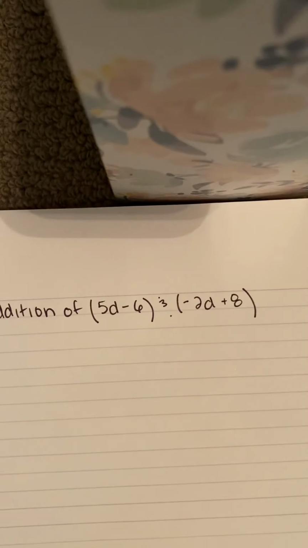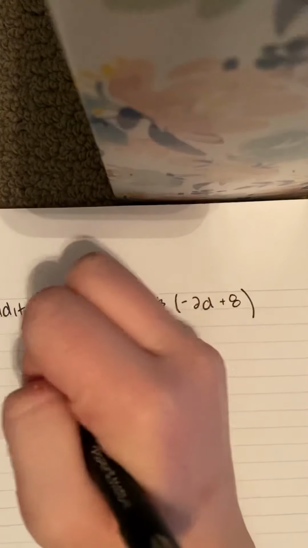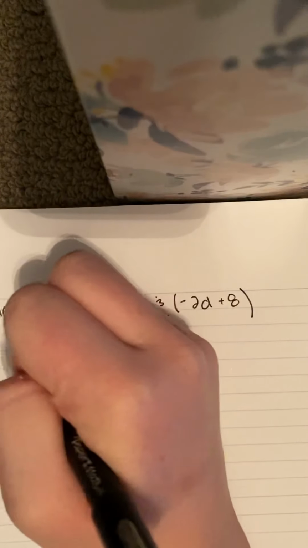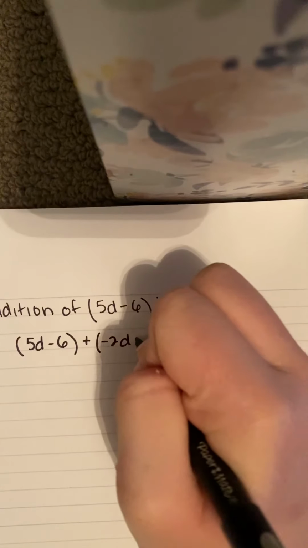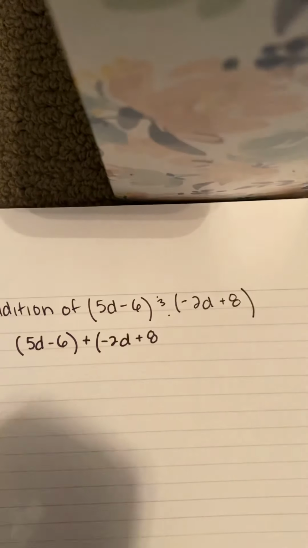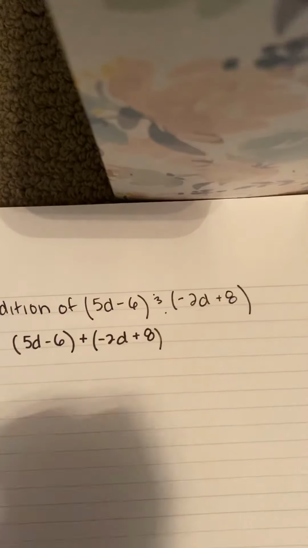And we're going to be using algebra blocks to do this. Since it's addition, we can write it out as 5d minus 6 plus negative 2d plus 8.